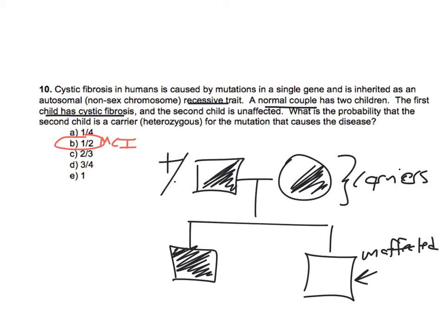Each of the parents is plus over minus. They have one kid that's minus over minus, has the recessive disease. What are the possible genotypes of this kid? It could be plus over minus or plus over plus, because each of the parents has a plus to contribute, and each of the parents has a minus.